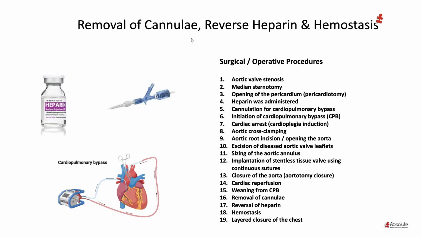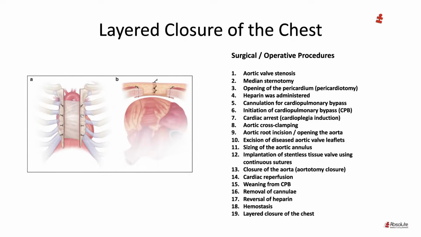They're going to reverse the heparin, and they're going to carry out hemostasis. This is hemostasis. So hemostasis can be anything that the doctor chooses. It could even be electrocautery, etc. So those three things took place. And then finally, they're going to carry out layered closure of the chest. They're going to close it back up.